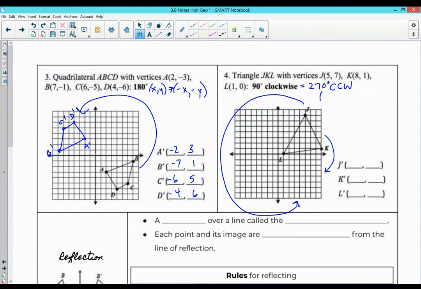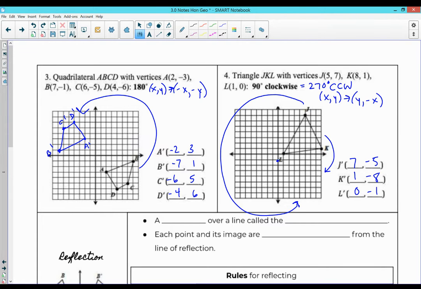Again, the rule for that is (x, y) becomes (y, -x). So that's 7, -5; 1, -8; and 0, -1. Those values will be in the fourth quadrant, just like we predicted.